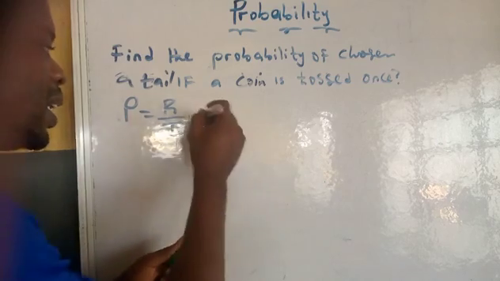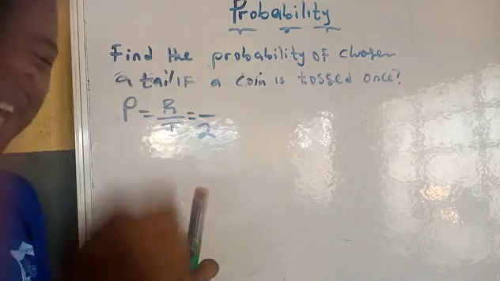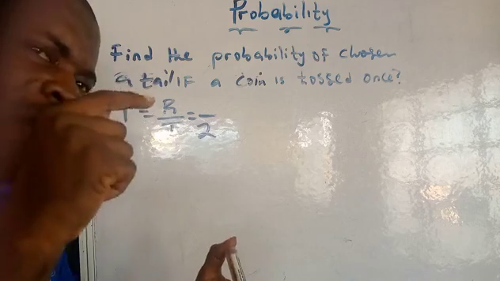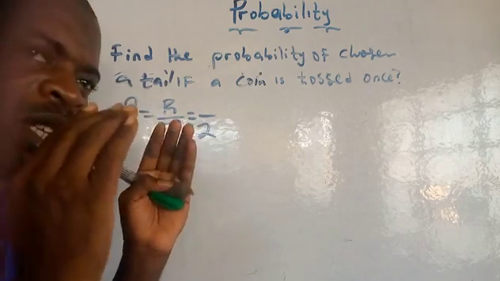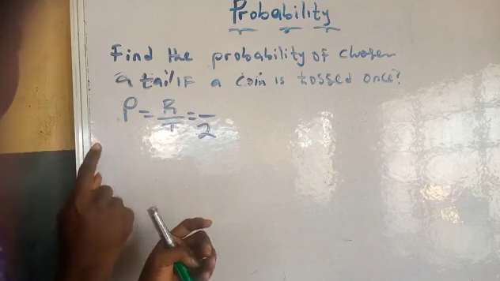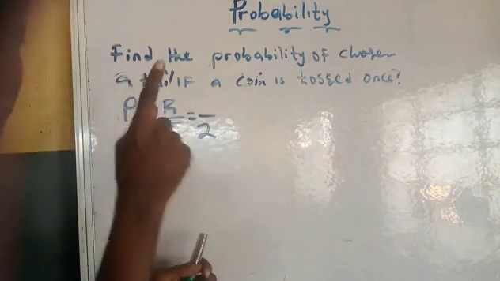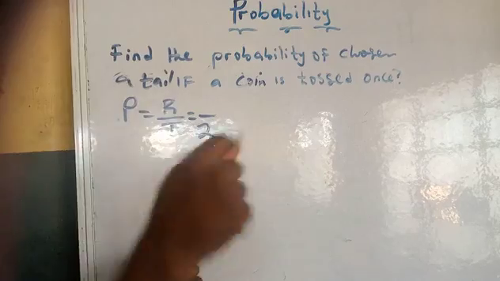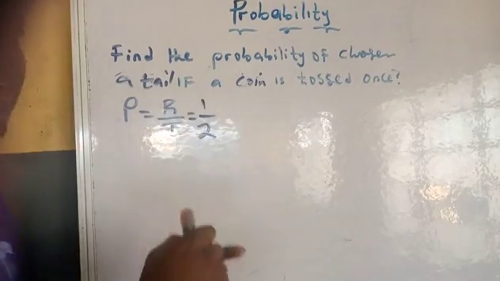That two ways is the total possible outcome, which is two. The required outcome focuses on the item which the question is tackling, and the question is tackling what? Tail. Out of the two possible outcomes, the question is tackling one, which is the tail. So we ask, how many tails do we have on that coin? One. So our final answer is 1 over 2.